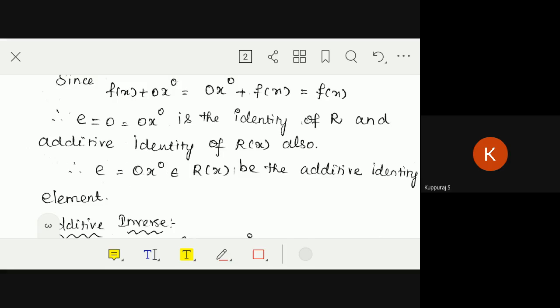If a plus e equals e plus a equals a, then we say e is the identity element. So if you take one polynomial f of x and add 0x power 0 to it, again I am getting the same f of x.